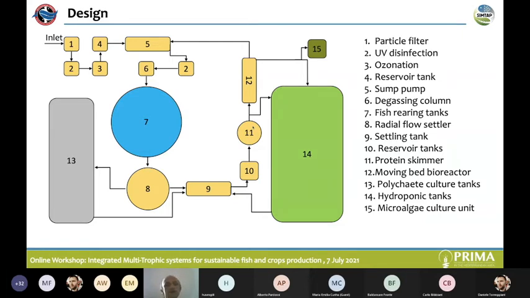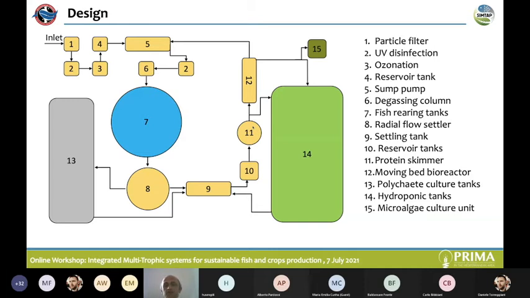The flow out of the fish tanks is directly piped by gravity into 2 modified radial flow settlers. Solids were manually flushed once a day from the bottom of the settlers. The top flow of the radial flow settlers was gravitationally discharged to a settling tank, which has manual cleaning filters.